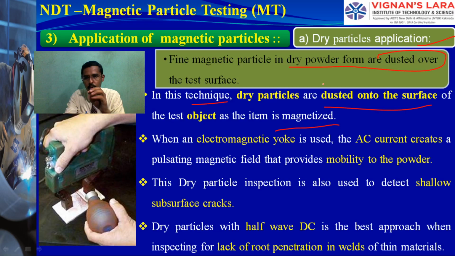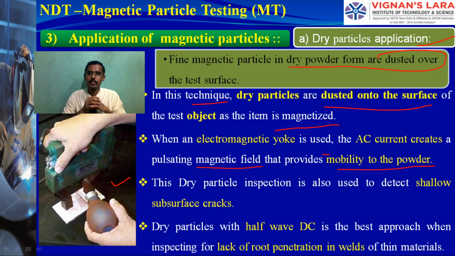When the electromagnetic yoke is used, the AC current creates a pulsating magnetic field that provides mobility to the powder, because it is attracted after application of the magnetic field. When the magnetic field is already applied on the specimen, that is our second step. Now we are spraying the magnetic particles over there.